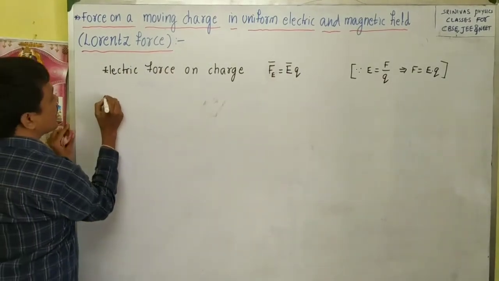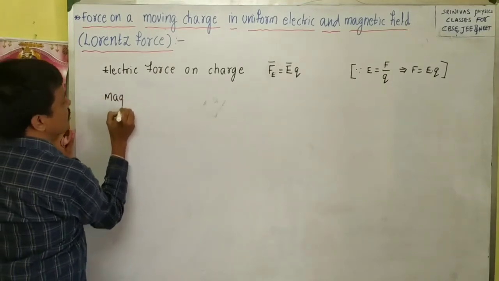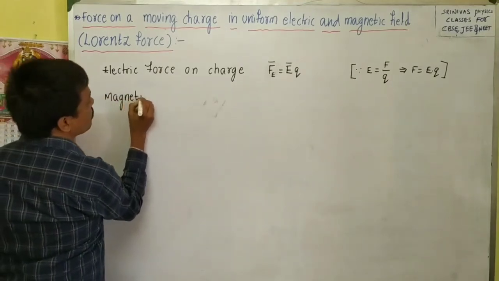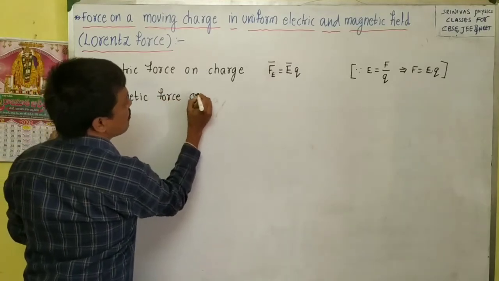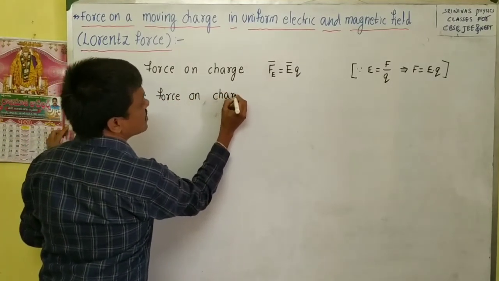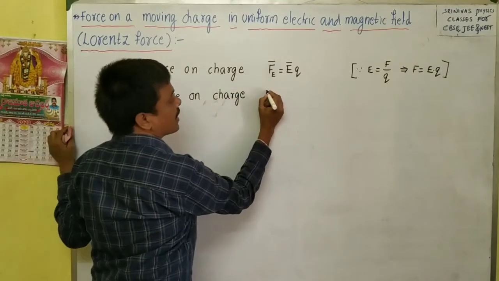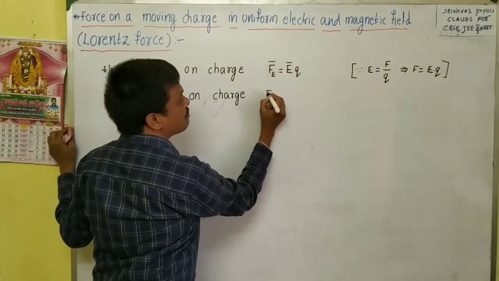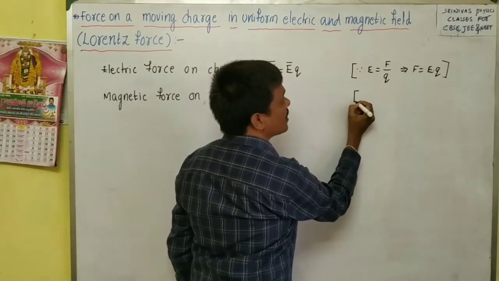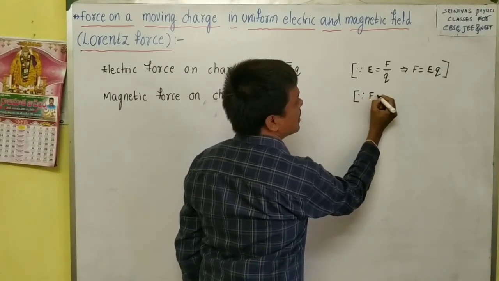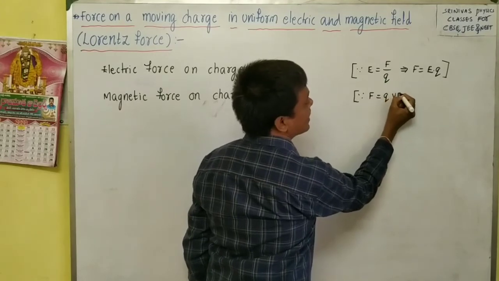And the magnetic force on the charge can be denoted with F suffix B. We already know the magnetic force formula. In the last class we discussed that it is QVB sin theta.